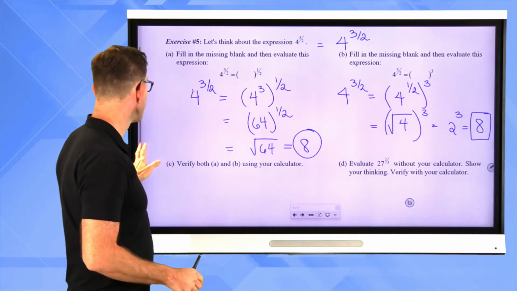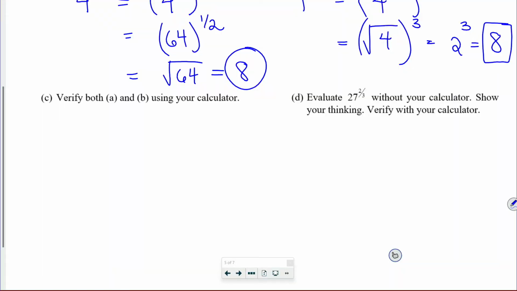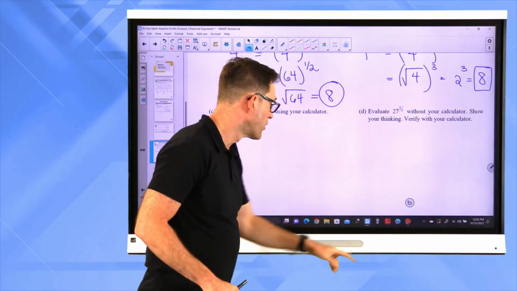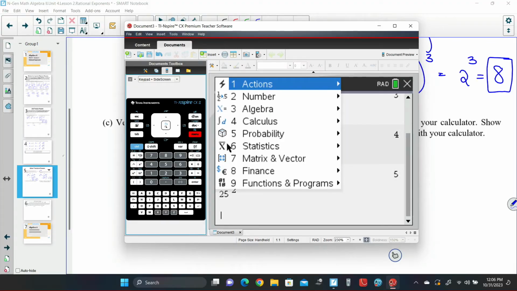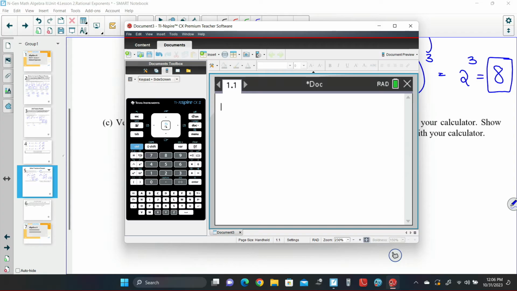Now, let's just verify this, letter C. Verify both A and B using your calculator. We don't have to do them both. We're going to do them both at the same time, right? And just kind of what we were doing before. Let me actually clear this out for a second. Let's clear out our history. What did I have?